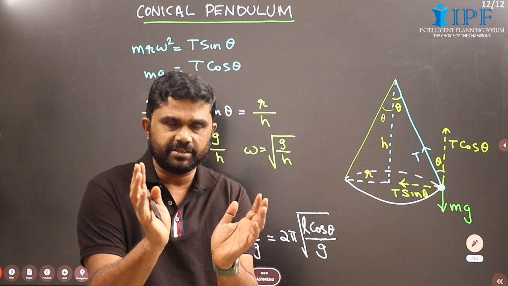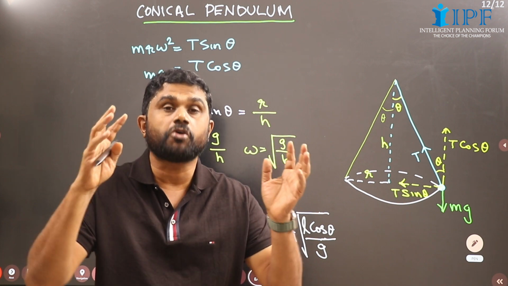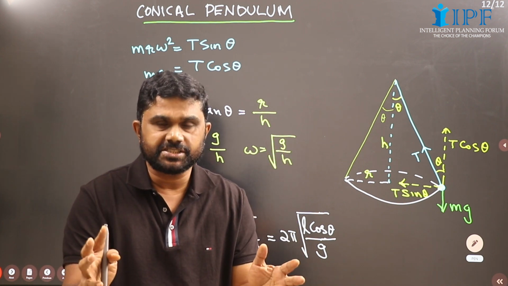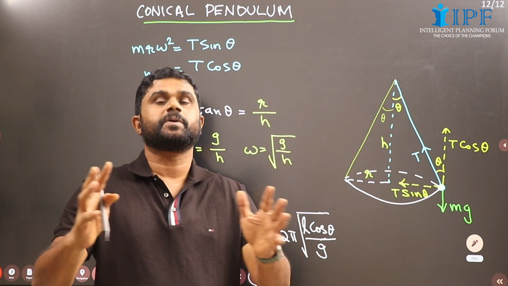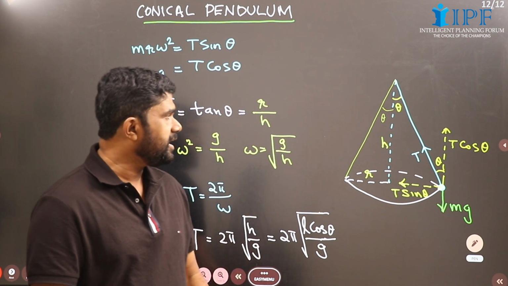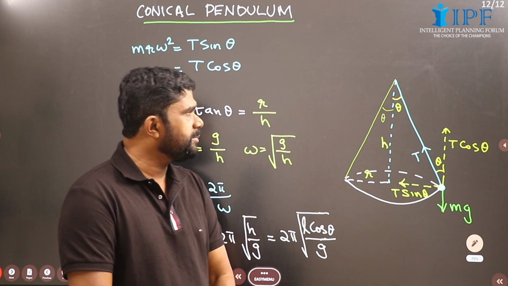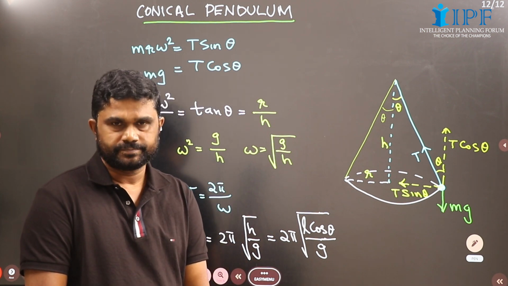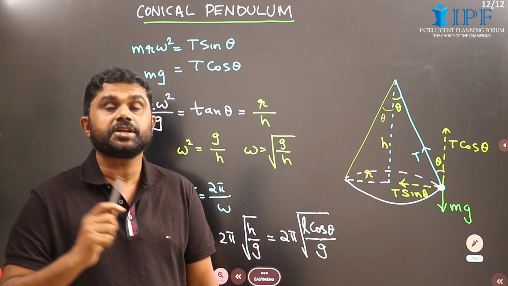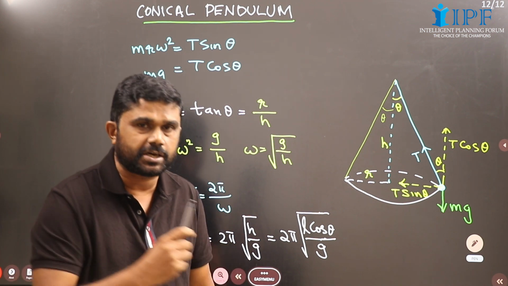When we say string, that word includes all these. Anyway, this small particle is suspended by means of a string from a rigid support. Now that particle is made to revolve in a horizontal circle.